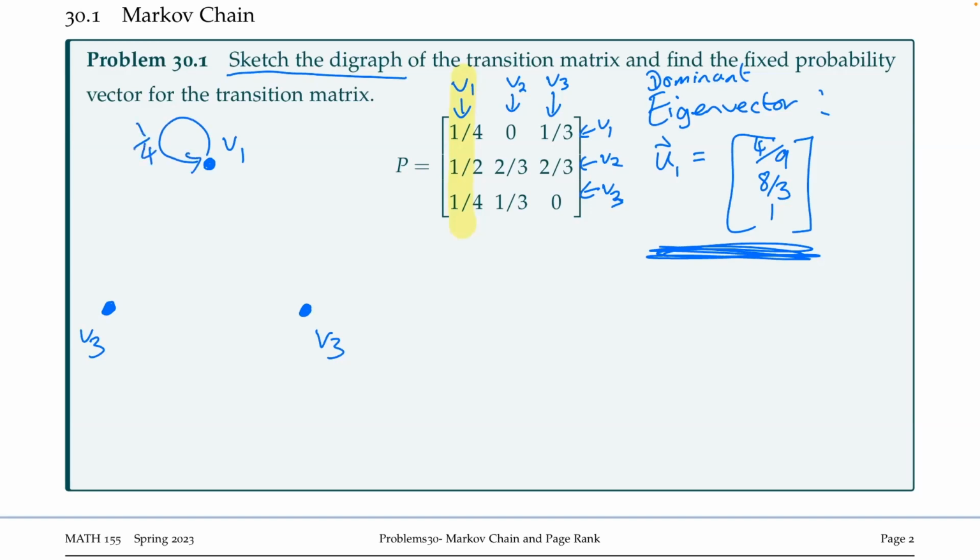The second entry is V1 going to V2. Should be a V2. So V1 to V2 is going to have weight 1/2. So that's this second entry here. And then V1 to V3 is the third entry with weight 1/4.